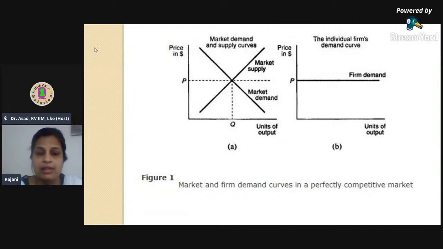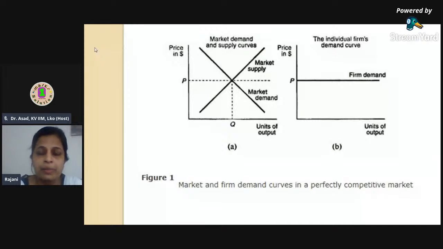All products are identical, and the firm is a price taker, because there is no such difference between the products. All products look similar, homogeneous products. Examples in daily life we can say are vegetables, rice, wheat, and all such things look homogeneous.